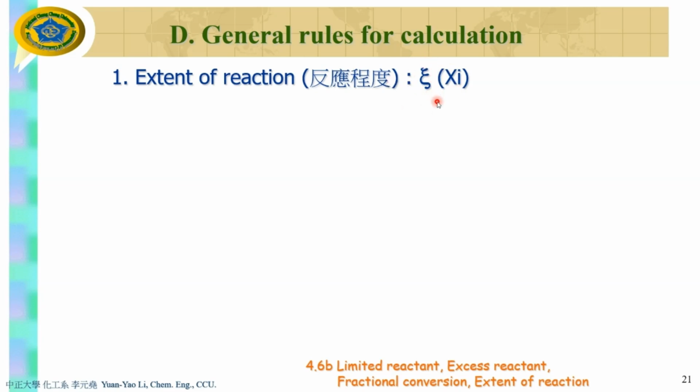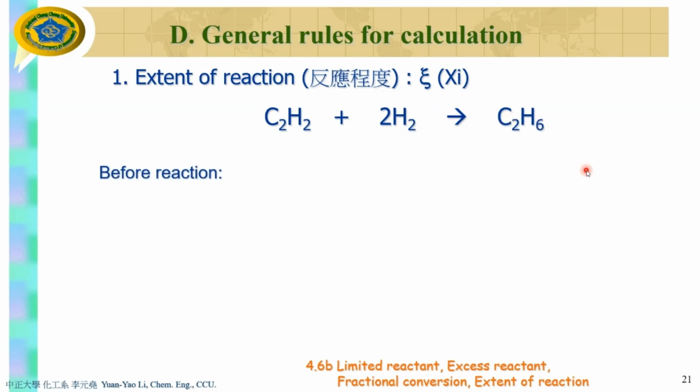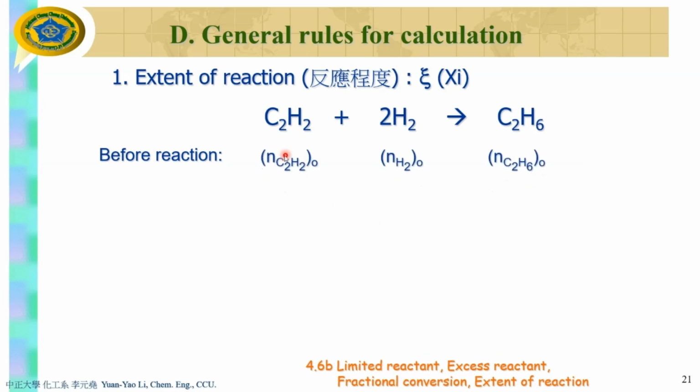So this is the stoichiometry equation as we know from the previous slide: C2H2 plus 2H2 becomes C2H6. So what is before reaction? In the beginning we have the original moles of the reactants and also the products, right?